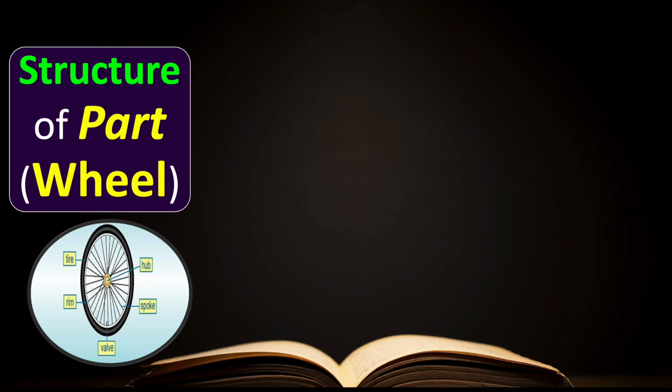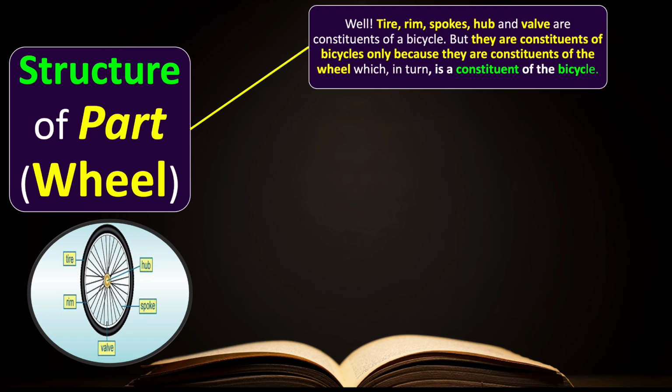We continue. A structure of part. Here in this case we talk about wheel as a part of the bicycle, constituent of the bicycle. Well, tire, rim, spokes, hub and valve are constituents of a bicycle, but they are constituents of bicycles only because they are constituents of the wheel, which in turn is a constituent of the bicycle.